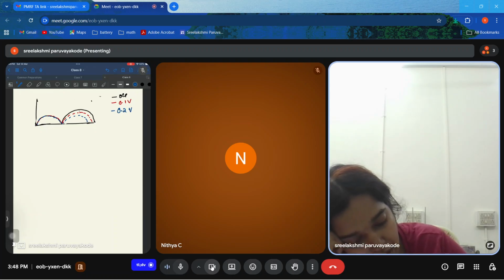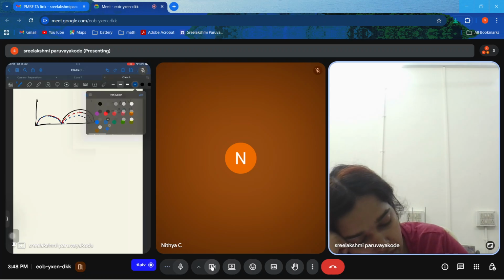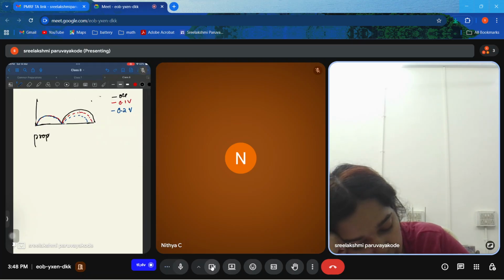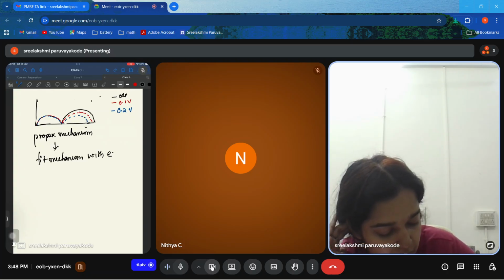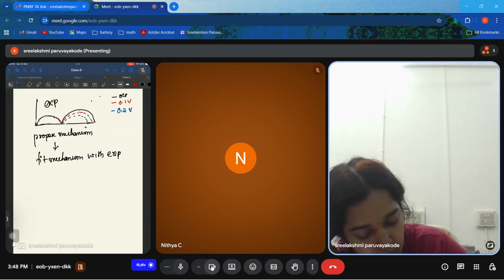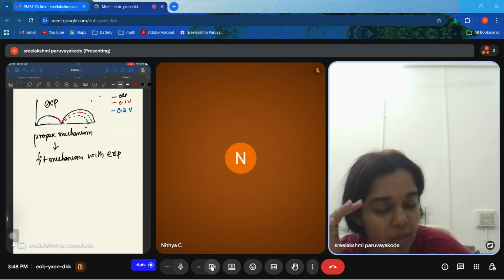So yeah, you have multiple curves like this, and then you can propose a mechanism. Try to fit the mechanism with the experimental data. Okay, so I'm giving an example.